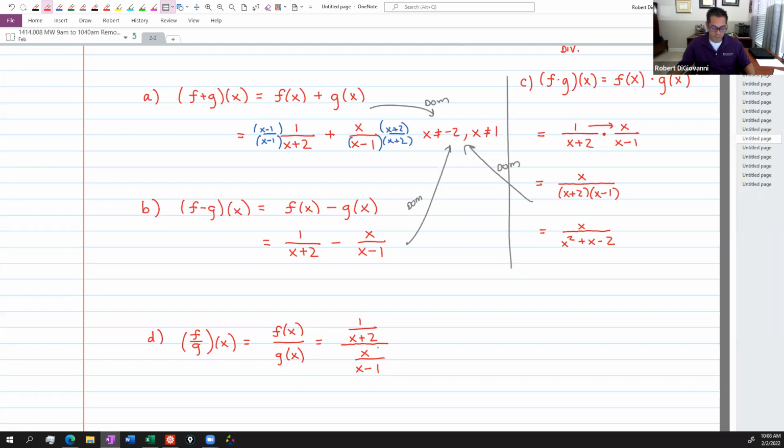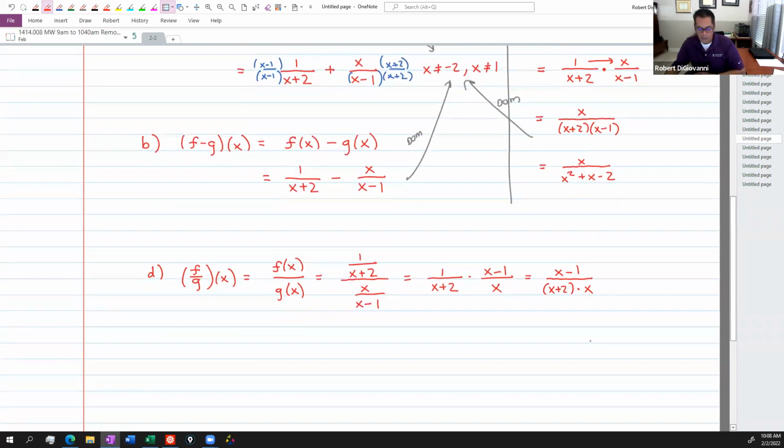Now, this is the same as 1 over x plus 2 times x minus 1 over x. So what I'm doing is taking a fraction, dividing it by another fraction, and that's the same as multiplication of the reciprocal. And if I multiply straight across, I get this.